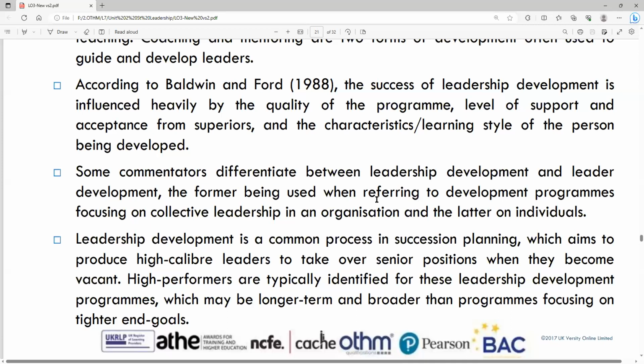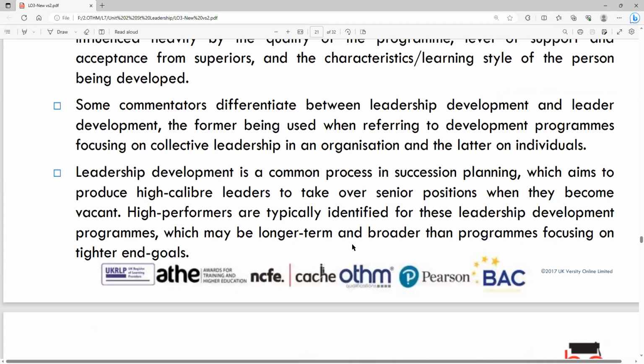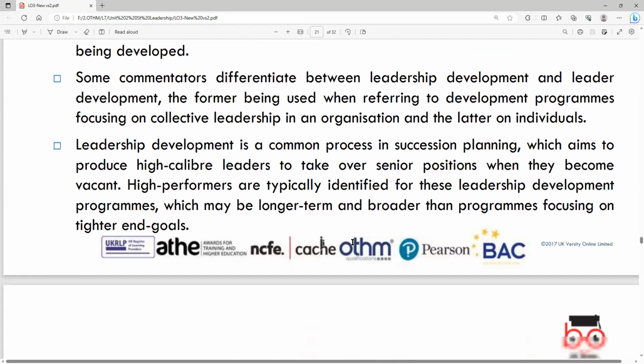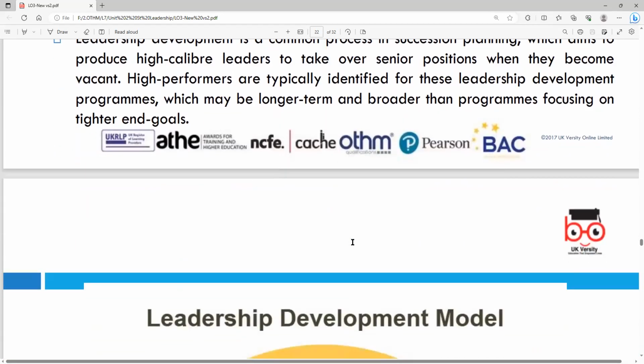It's a whole process. It looks at the whole organizational planning, succession planning, rather than developing the individual. Therefore, leadership development programs are very important in terms of producing the leaders to take over the responsibilities of senior management in organizations, so they become competent managers rather than competent individuals.